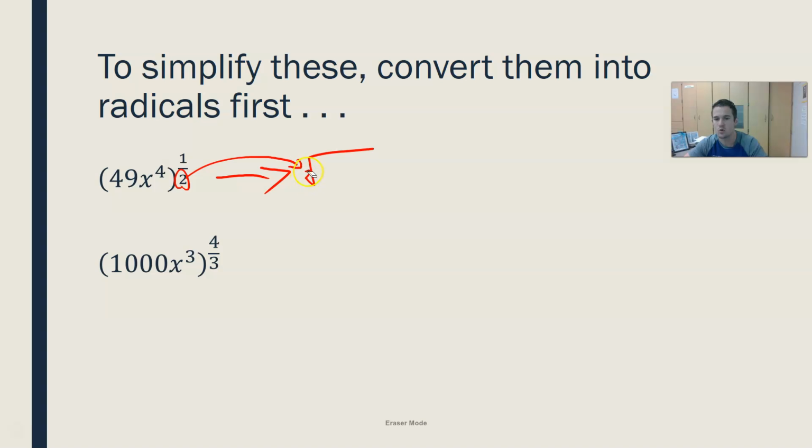So this is a square root of 49x to the 4th, and then this top number becomes the power over here. So this is the square root of 49x to the 4th to the 1st power, or anything to the 1st power is just itself. So this is really just the square root of 49x to the 4th.